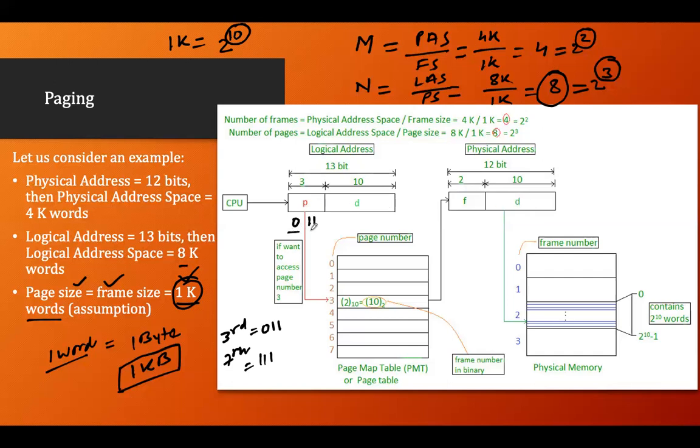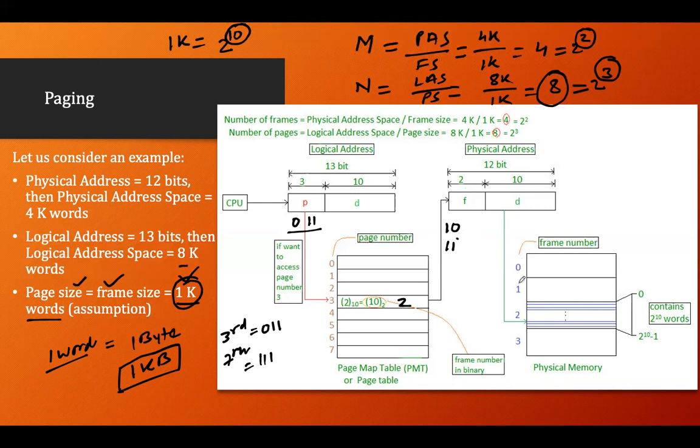Now here it requires 3 bits, right? And let's say my third page is in, let's say, the second frame. So how many bits will be required? It requires 2 bits to allocate. This is how we can allocate the second frame. And if it is the third frame, it will be this.